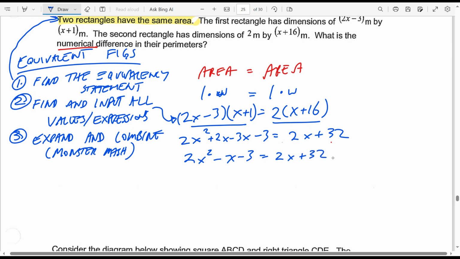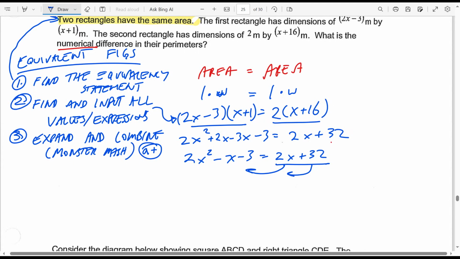Now, my advice to you here when I expand and combine, and you can write this next to it if you want, is I like to keep a positive. As in, if you have a choice to move everything to the left side or everything to the right side, which you always do, in this instance, let's move all of this over to this side and keep 2x squared as positive.